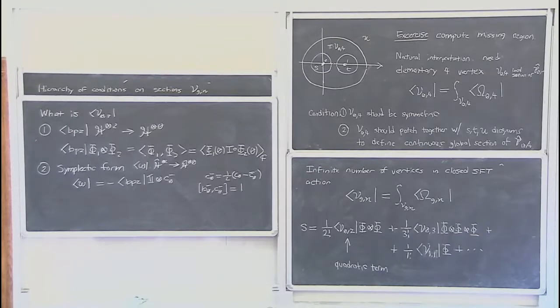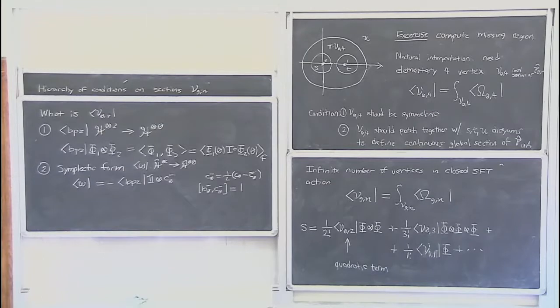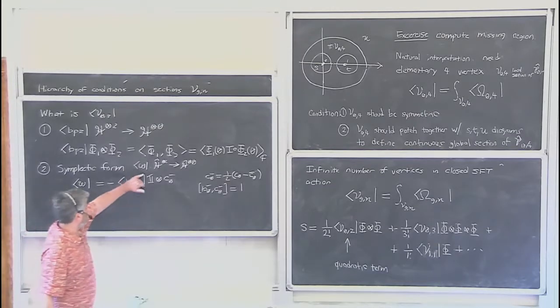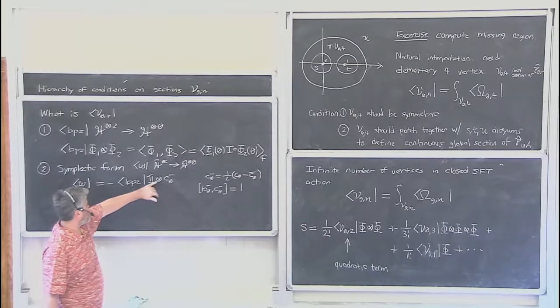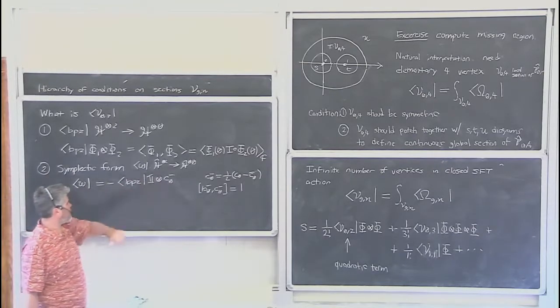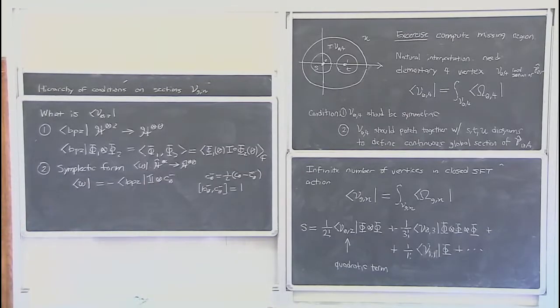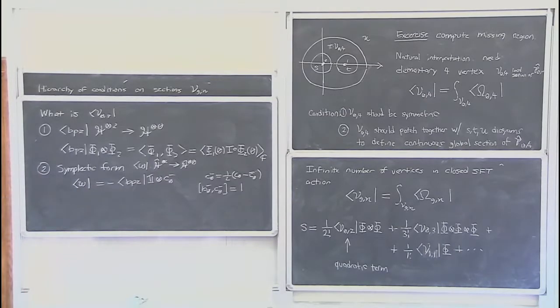This symplectic form needs the c0 minus in here, because otherwise the symplectic form acting on any pair of states satisfying the b0 minus condition will vanish. So you need the c0 minus to prevent this symplectic form from being degenerate.